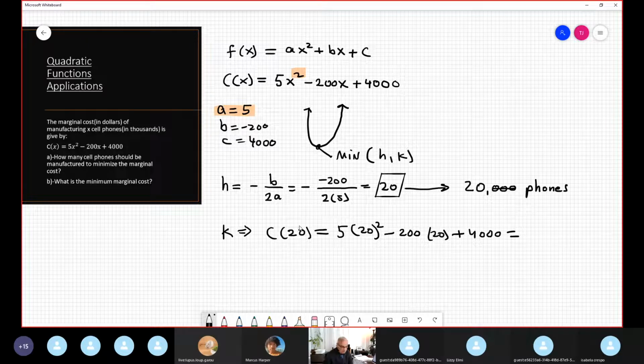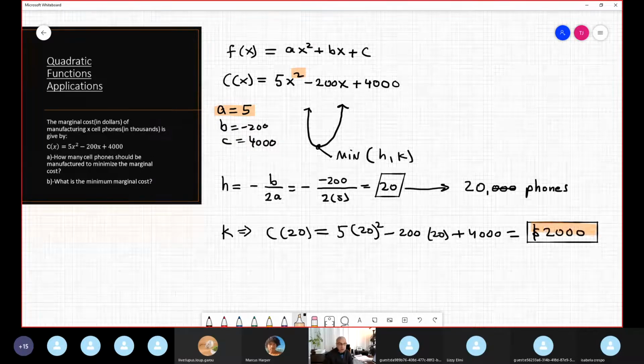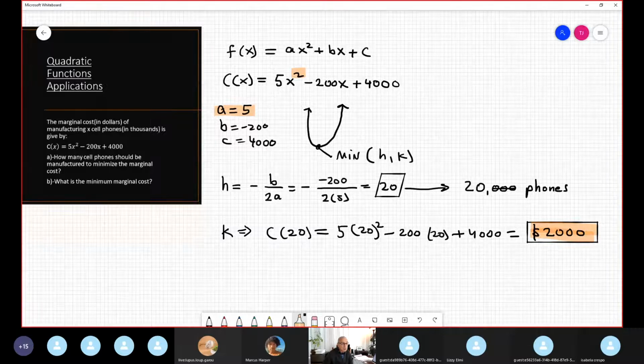You put it in the calculator and the answer is 2,000. 2,000 is the cost. Not bad. It's a minimum. Minimum cost when you manufacture 20,000 phones. Okay. Clear or confusing?